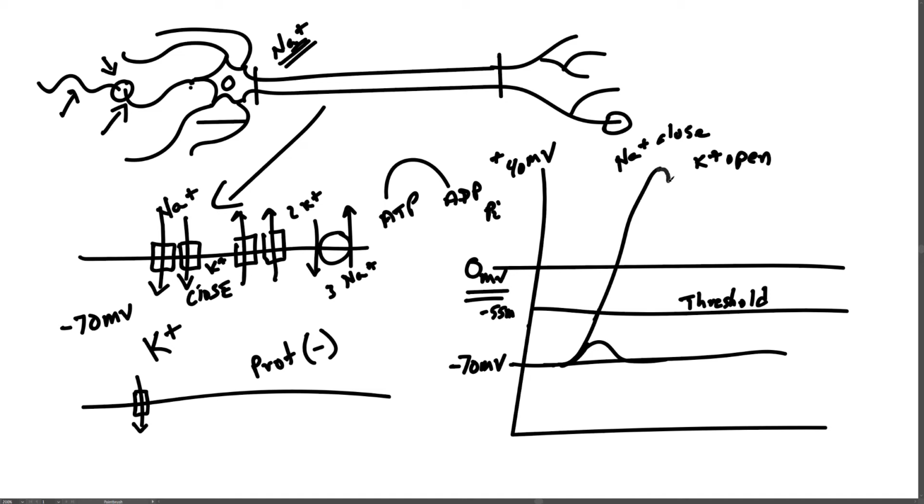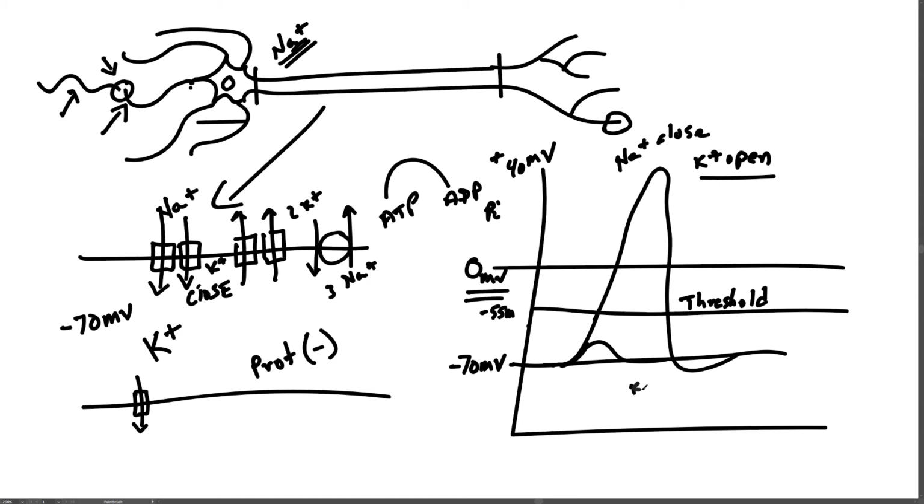And then as the potassium, which is also a positive ion, rushes out of the potassium channels to the outside of the cell, the potential starts to decrease and goes below zero, below the threshold, then below the resting potential, and then the potassium channels close. So it actually goes below the resting potential because the potassium channels are slow not only to open, but slow to close.